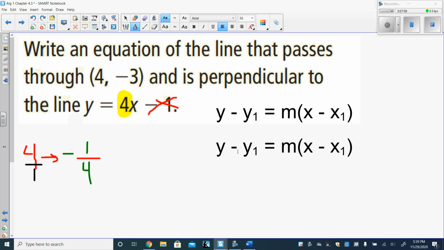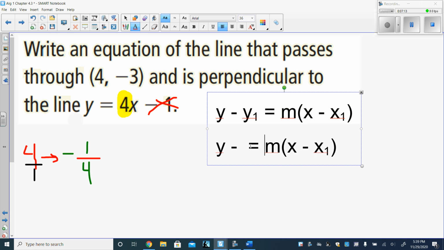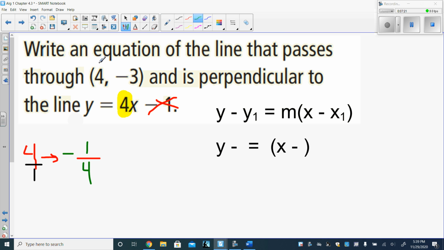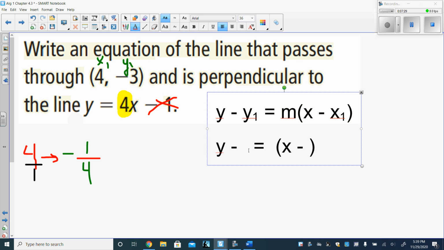So now we have everything we need. And so we can type this in for each of our different parts. So our y value that comes from our point, again, the point here is going to be our x1, y1. So our y1 value is negative 3, and we would type that in. Now the x1 value is 4, and we got that from the point.